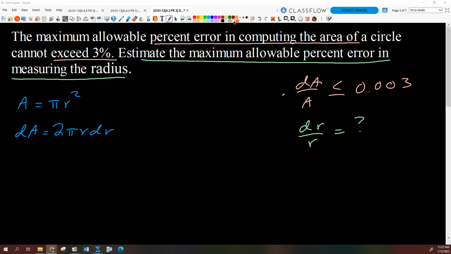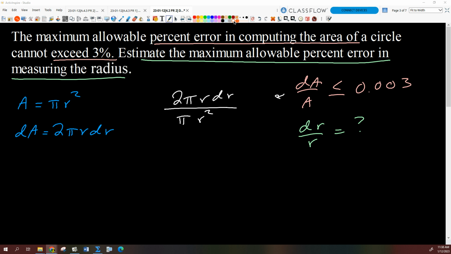So this is what we know. I want to get to this. So I need to write an expression in terms of r's then, right? Write that top expression in terms of r's. That's what will allow me to do it, okay? So dA over A looks like 2 pi r dr over pi r squared, right?